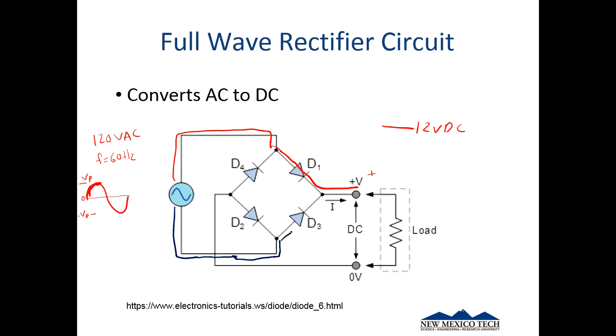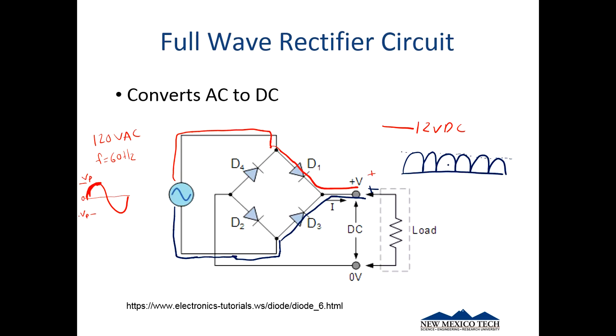But it can flow this way. So we end up, once again, with positive voltage here. So what we end up with is this kind of pulse train, which if you squint your eyes kind of looks like a DC signal, like we'd like it to be, but we're getting closer, right?